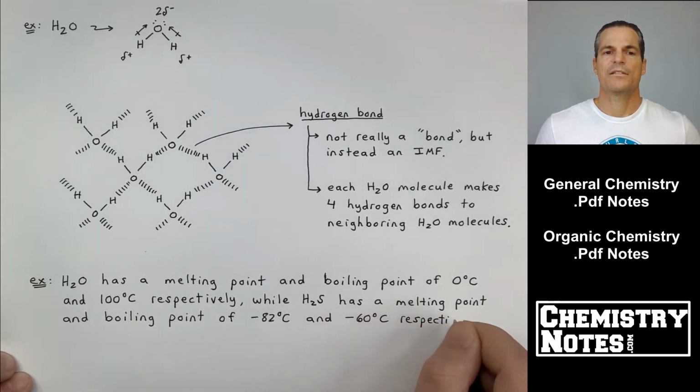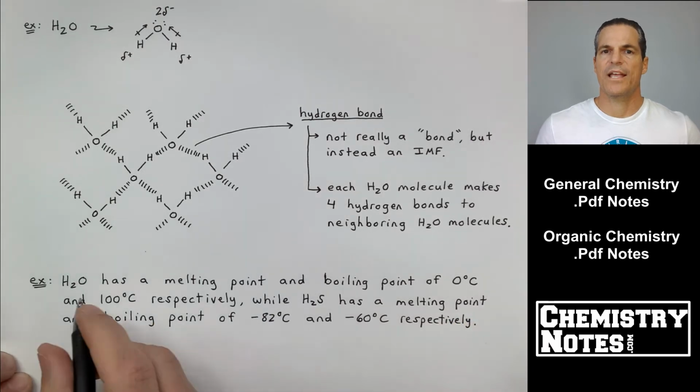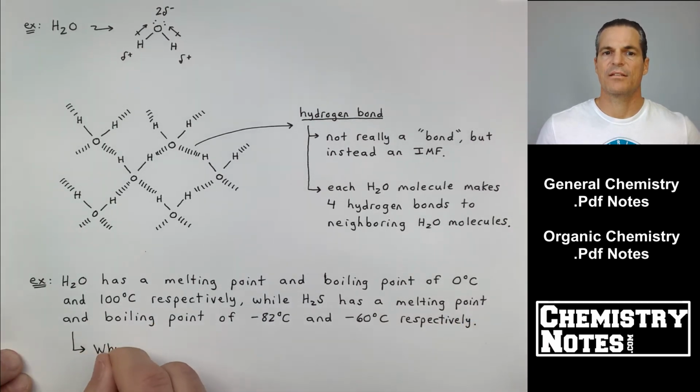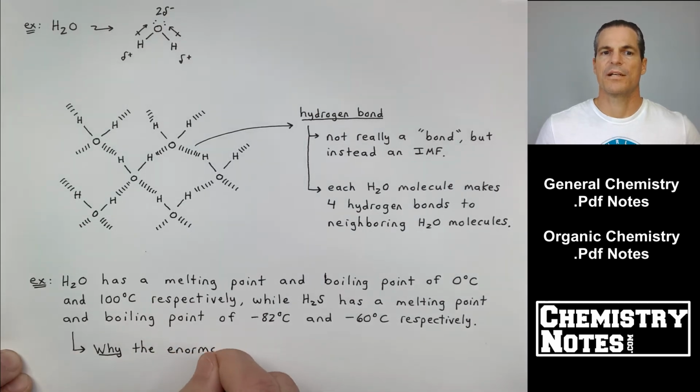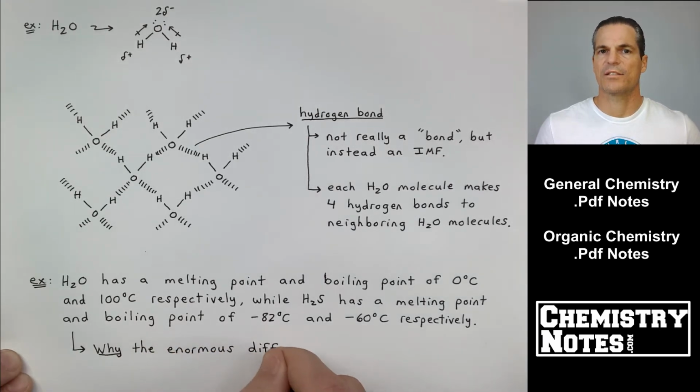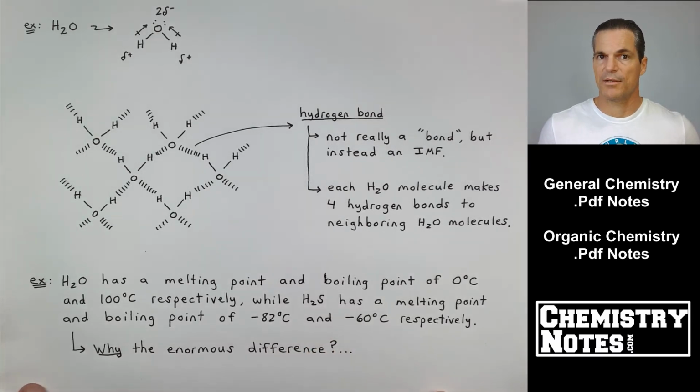So why does it require so much more energy in the form of heat to melt water and to boil water as opposed to H2S, which has a very, very similar structure and molecular geometry?